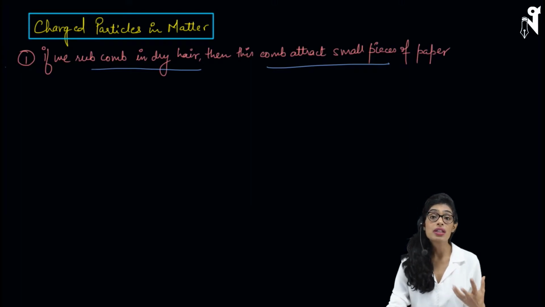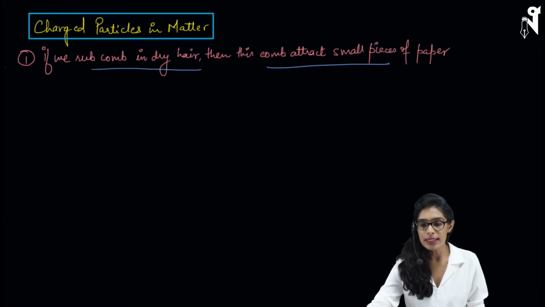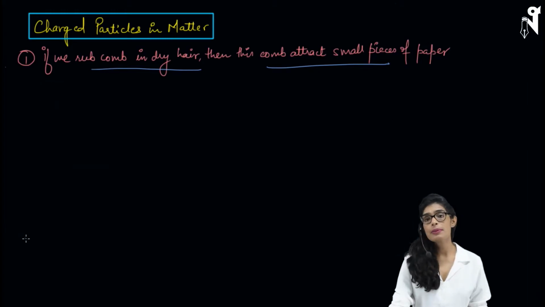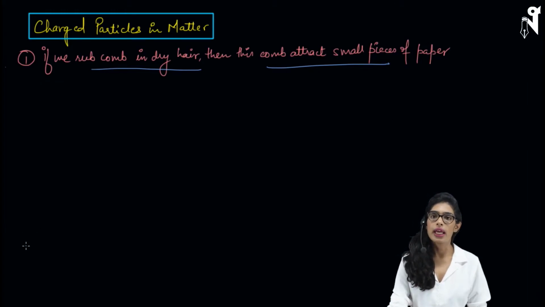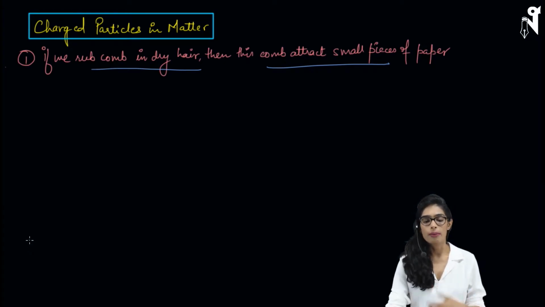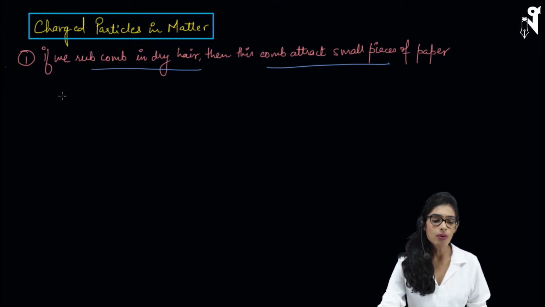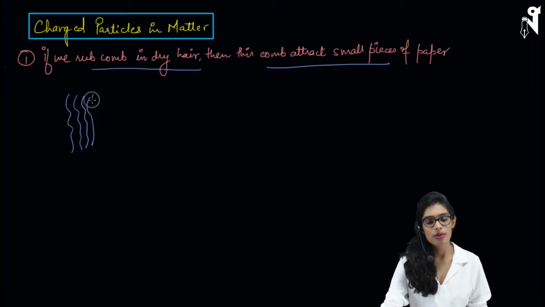Now, how does this prove that there is some charge in matter? Let me explain. Let's see this diagram, or let me draw a few things over here and then probably I'll show you the diagram. So what exactly happens is when you have hair strands, and then you comb it.